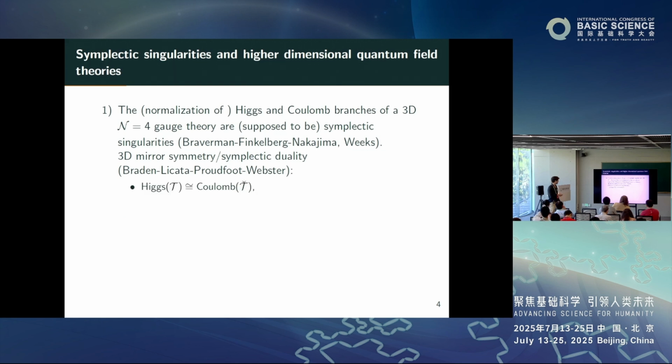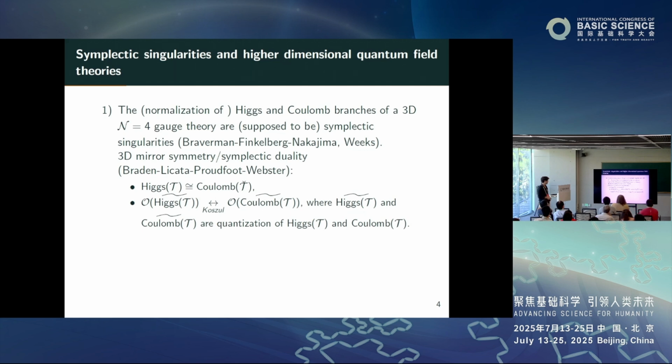It says that the Higgs branch of one theory is isomorphic to the Coulomb branch of the mirror theory. Also the categories O of natural quantizations of Higgs and Coulomb are Koszul dual to each other, which is a statement of symplectic duality.